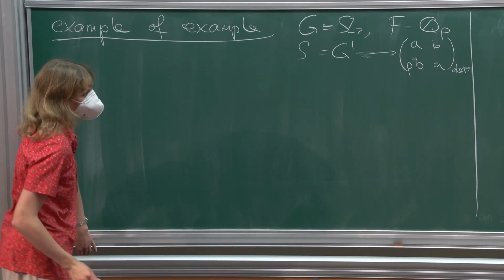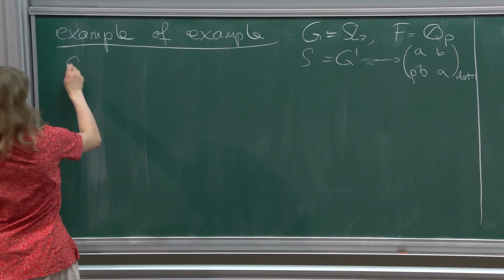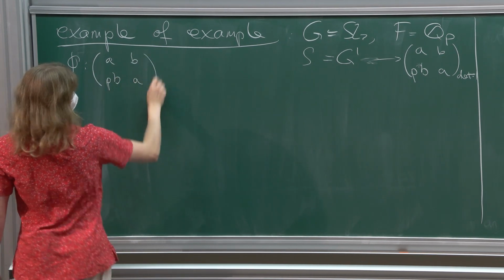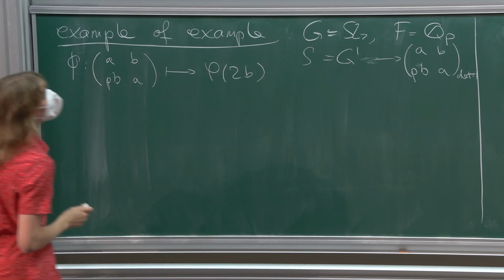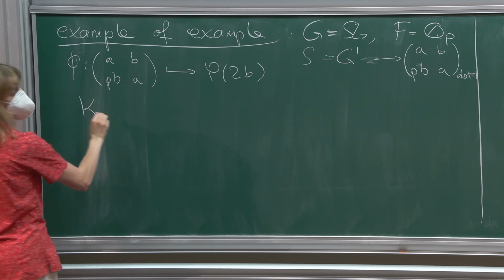In that case we have the character phi, so the matrix (a, b; pb, a) gets mapped to phi of 2b. And so now we have to extend this as far as possible.